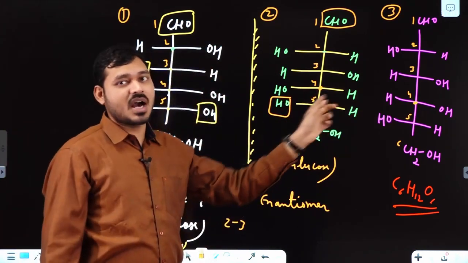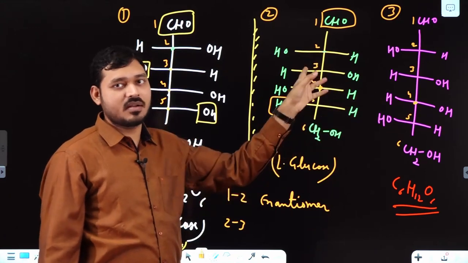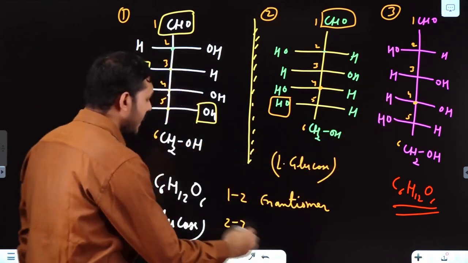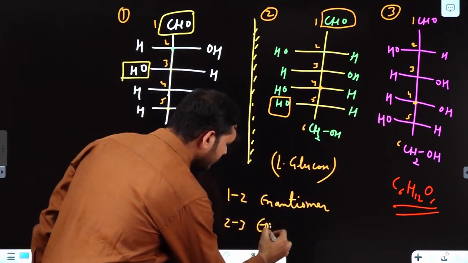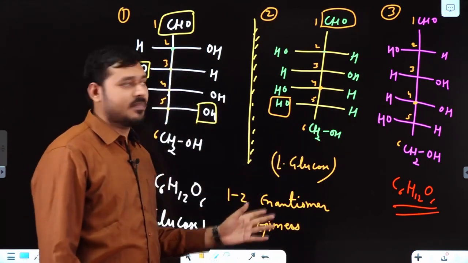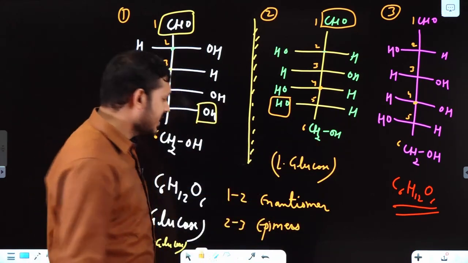I need not check R/S configuration in all 4 chiral centers; I can just say across C4 it is different. So 2 and 3 are epimers. Also, in more than one category, 2 and 3 are diastereomers.